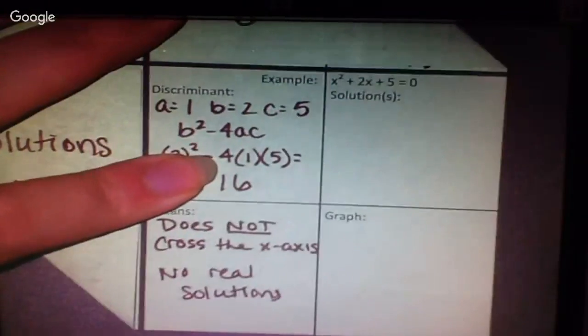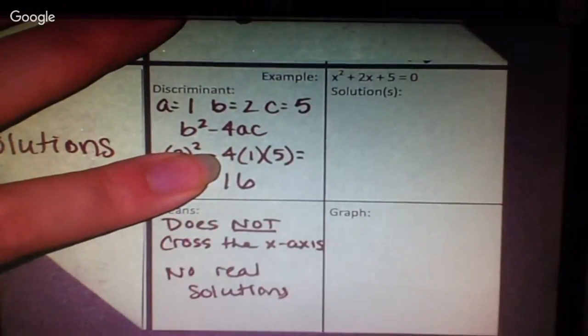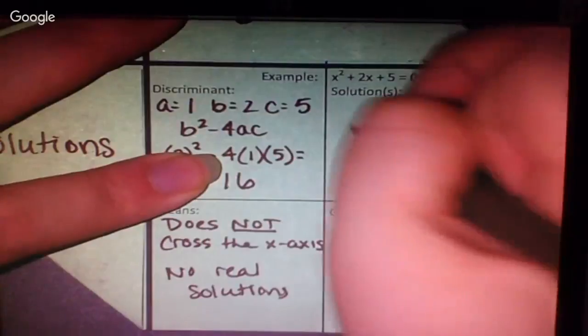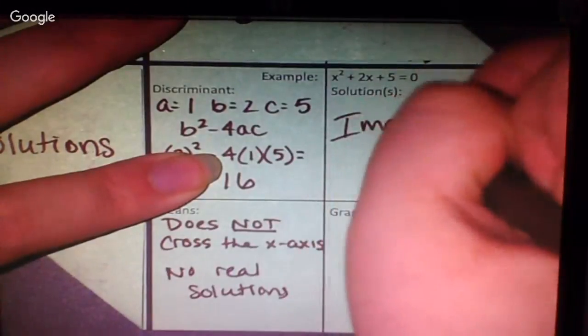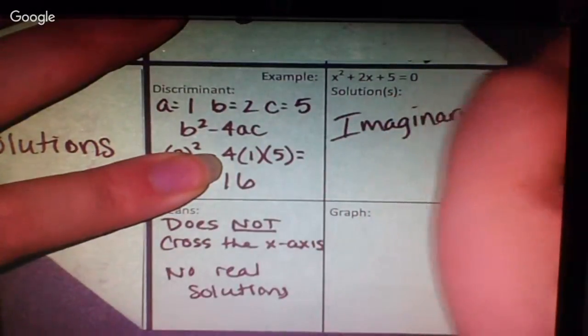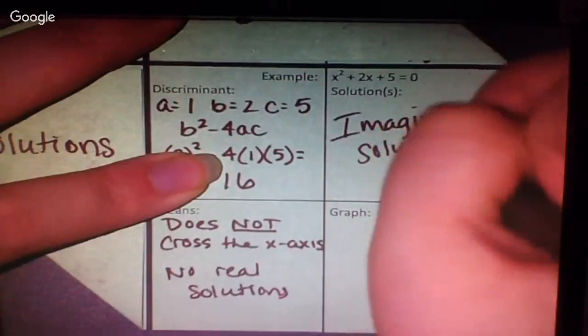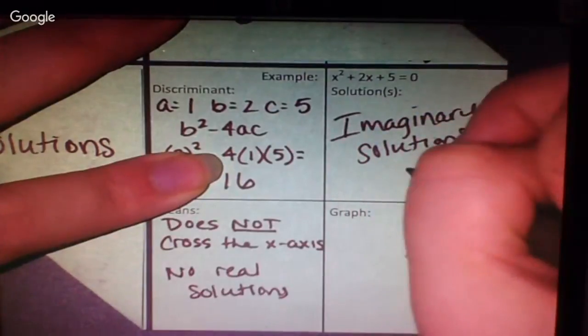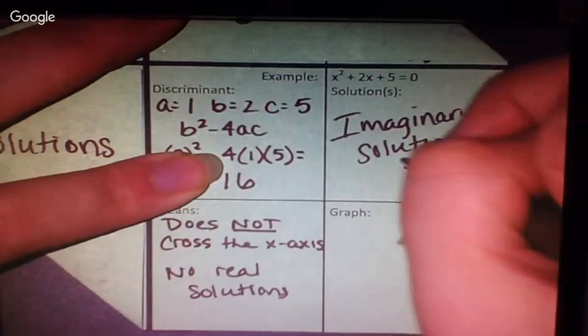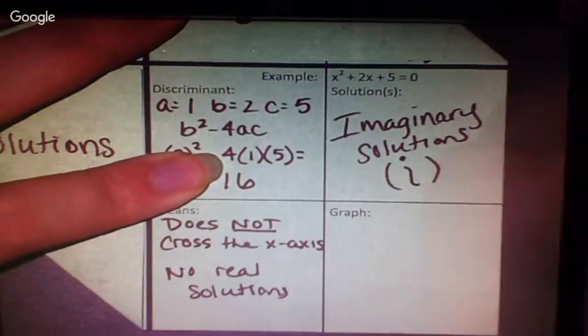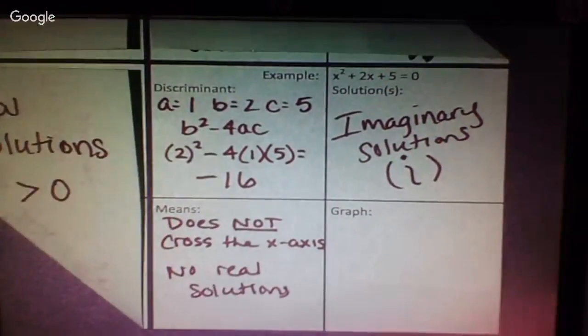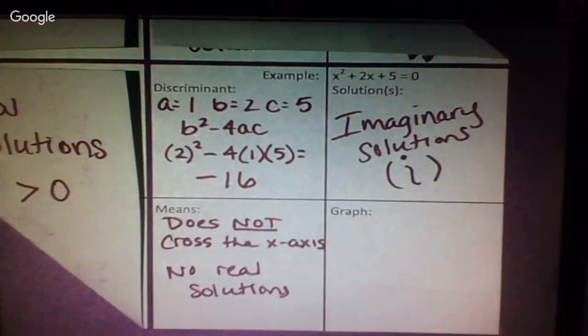So, your solutions, you'll end up with imaginary solutions. Okay, so we're going to introduce the letter i when we do imaginary solutions. The i stands for imaginary.